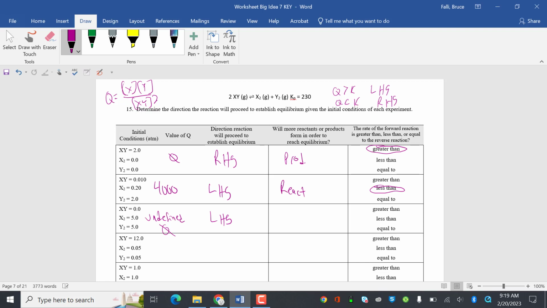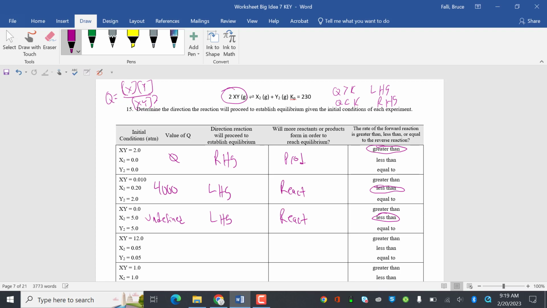Oh, wait a minute. I'm not going to think of it as 0. I guess if it's undefined, it's undefined. Remember how you can't have a time when you don't have any, it's going to shift to the left-hand side. So what's favored is the reactants. So the forward reaction would be less than.